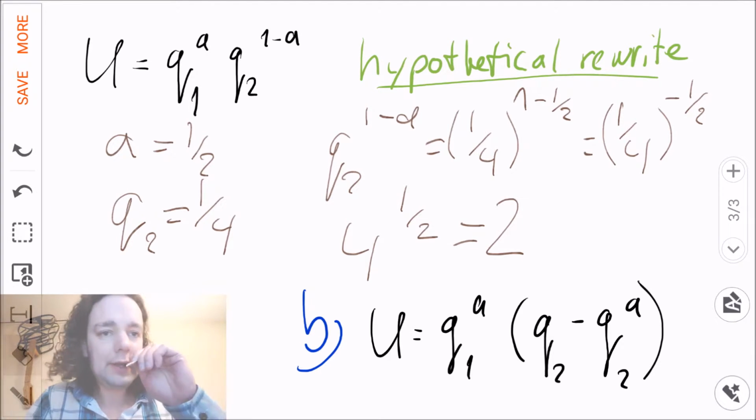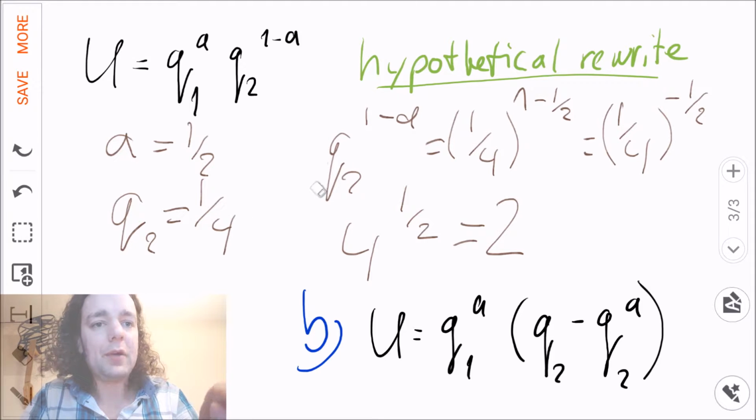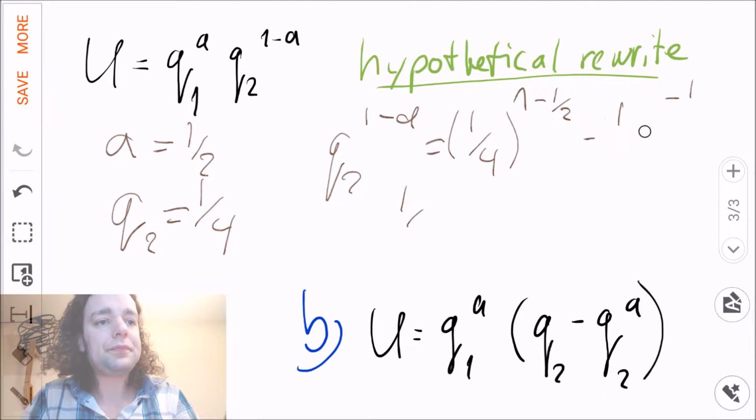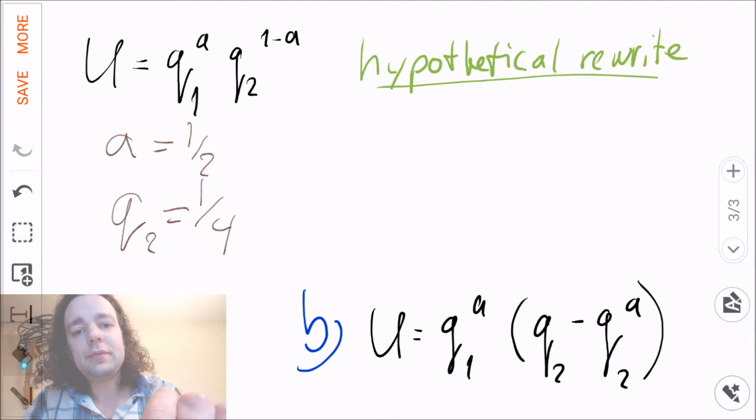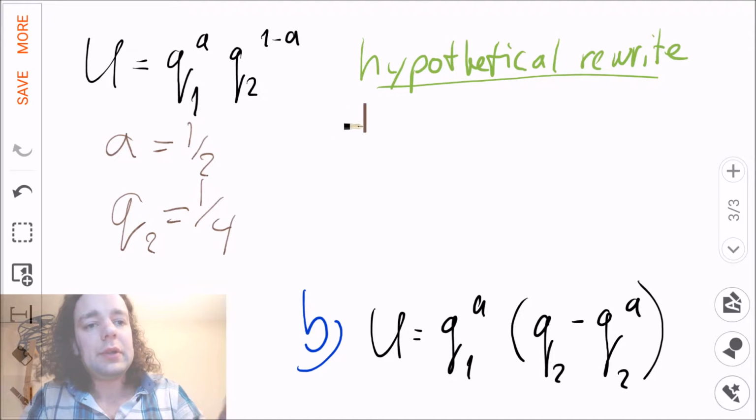Let's remove the whole thing. So now we know it's 2. Okay, we'll take the other version. So now we have q2 minus q2 to the power a.